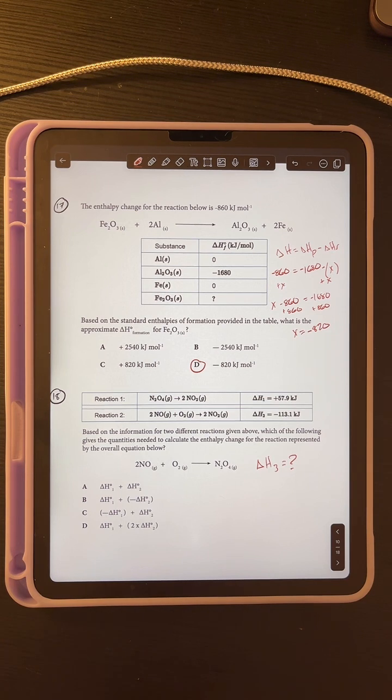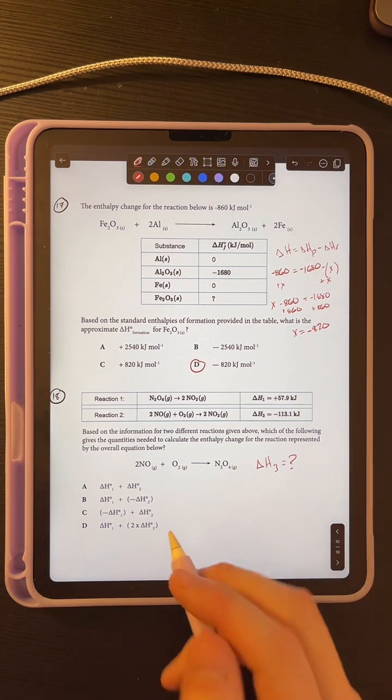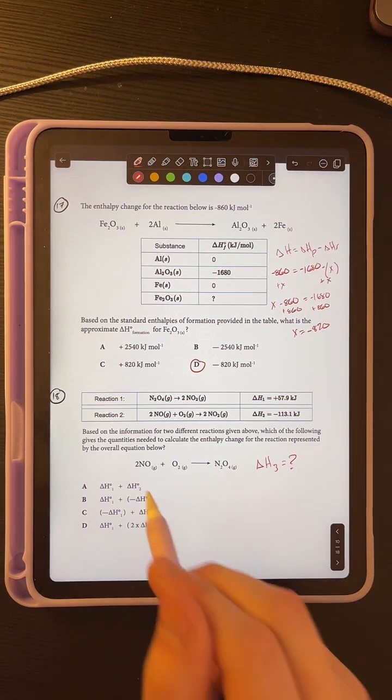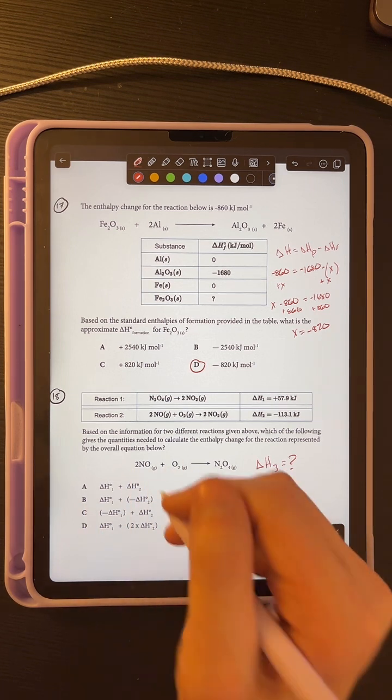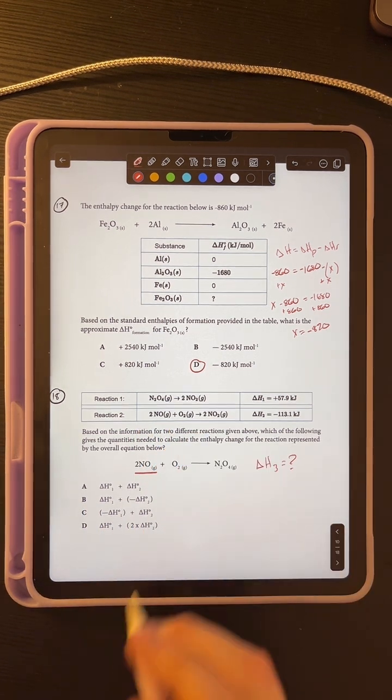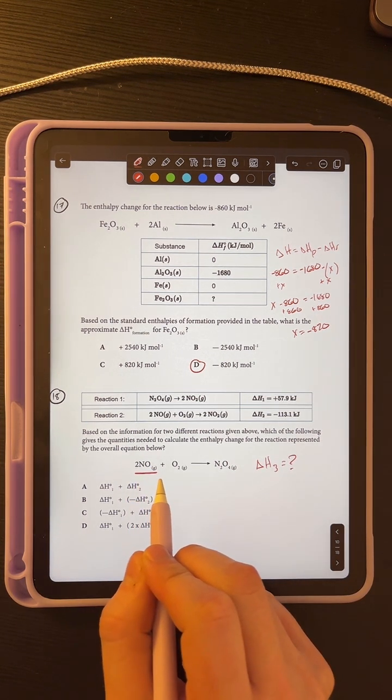What is that going to be? When I start Hess's law, what I like to do first is look at what's in the final version. If I look at the overall reaction, I have two NOs in gas form.